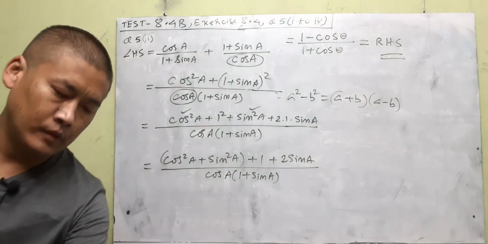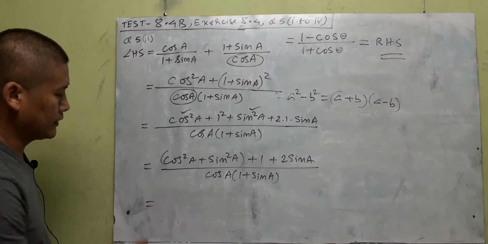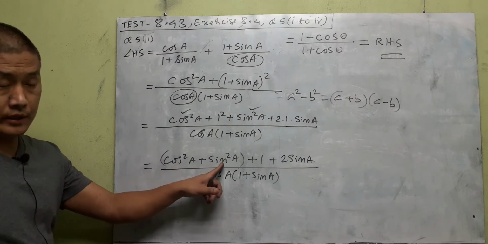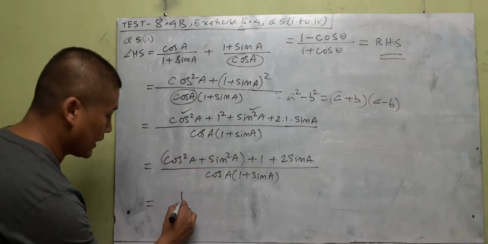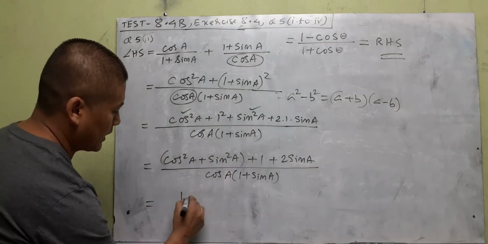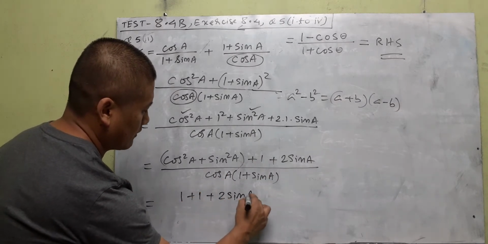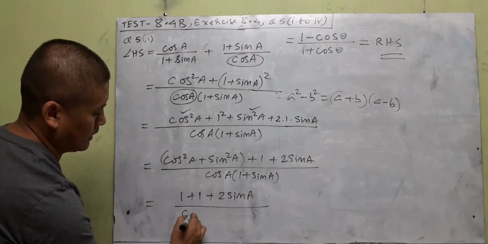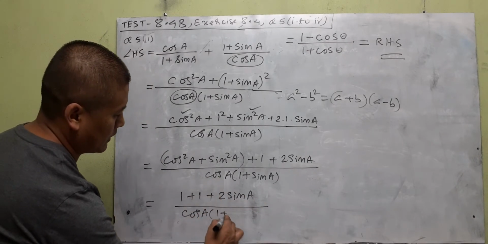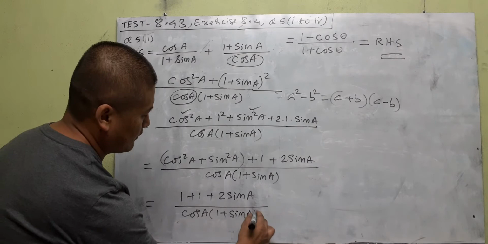Okay. Now in our previous class we learned this identity. Cos square A plus sine square A, or sine square A plus cos square A, is always 1. Up to here 1, therefore plus here 1 plus 2 sine A divided by cos A into 1 plus sine A, the same thing we're writing.